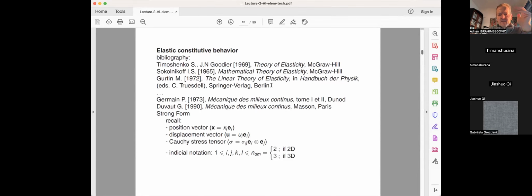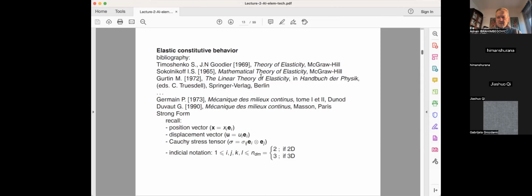Basically, what's in these books is a heavy representation of the catalog of problems that you could solve at the time in linear elasticity. You have many analytical solutions, semi-analytical solutions, any method they could possibly use to solve the problem, representing what was possible at that time. In France, the well-known book is written by Germain, Mécanique des milieux continus.